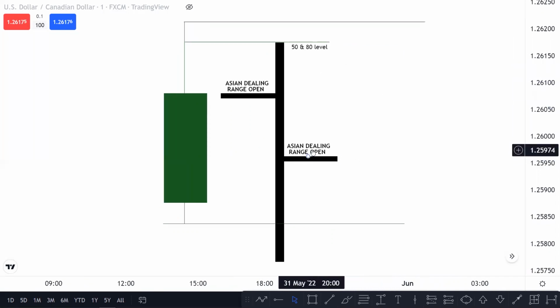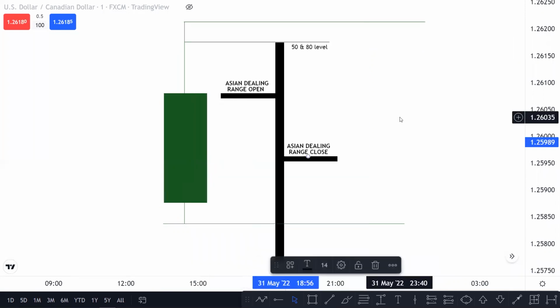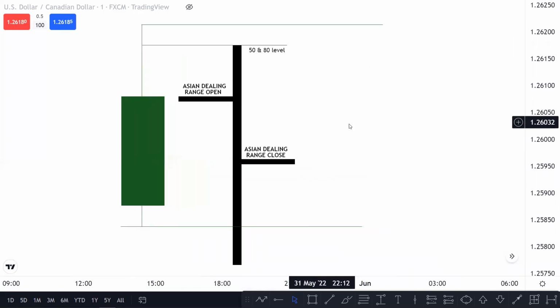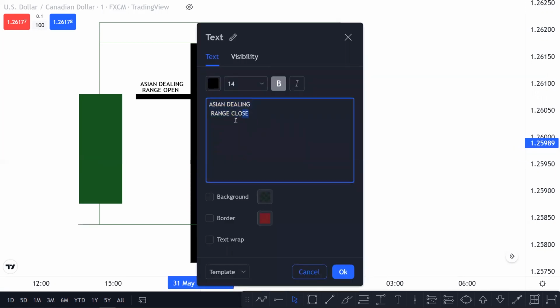Now, when price closes, remember what happens when a candle closes. When a candle closes, another candle is forming, it's opening. That is the Asian dealing range. Another open is here, not a close. Open still.